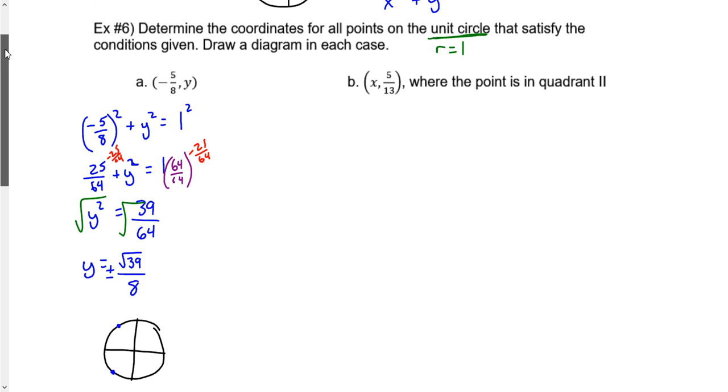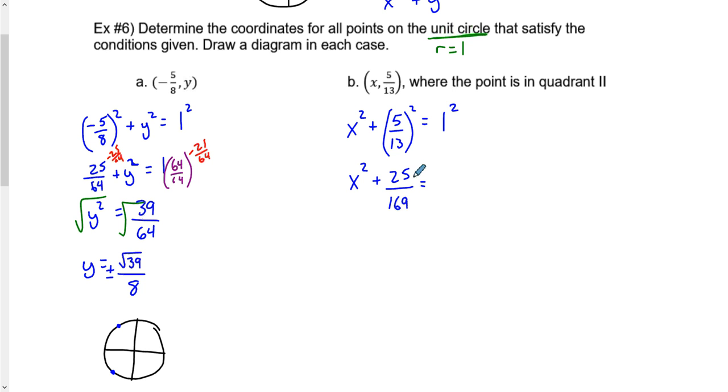Last one, not as intense. Actually, this one I know will come out a lot nicer. x squared plus 5/13 squared equals that 1 squared still. x squared plus 25/169.